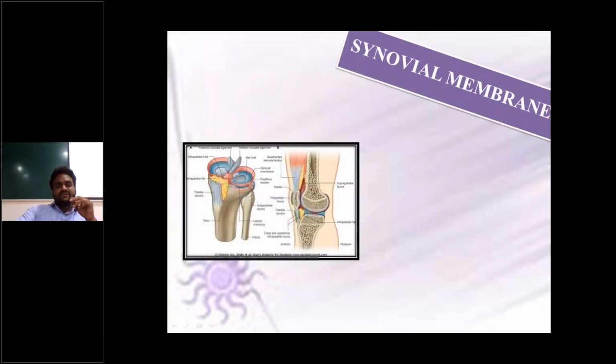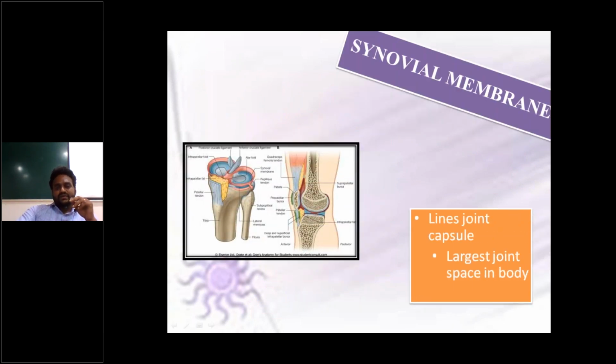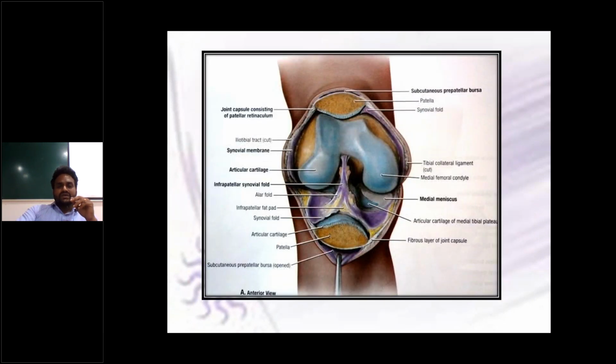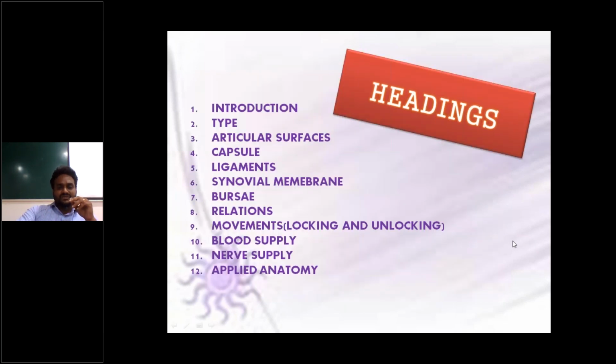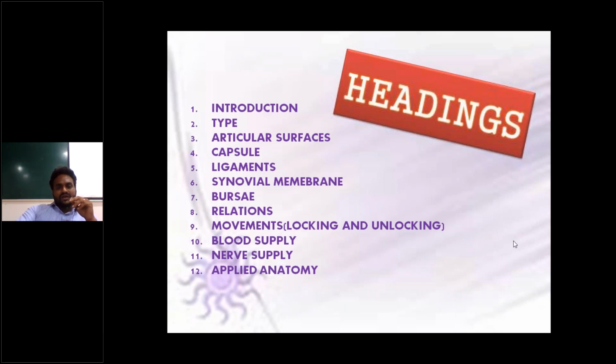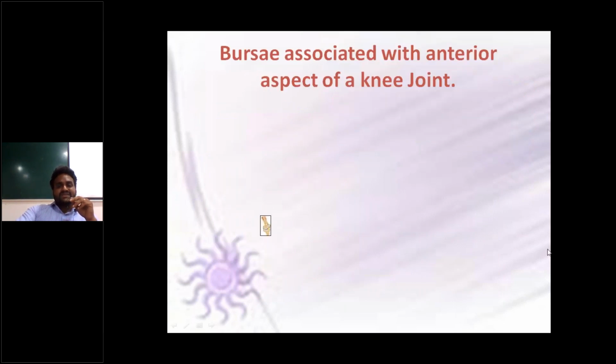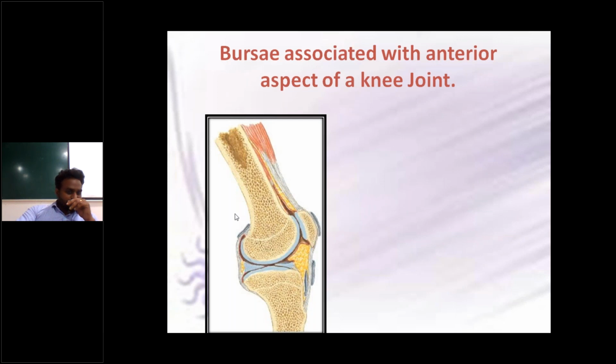Next, the synovial membrane lines the joint capsule. In this picture we can see the violet one, the synovial membrane, also covering the cruciate ligaments. So cruciate ligaments are present outside the synovial membrane. And next we come to the bursae related to the knee joint.